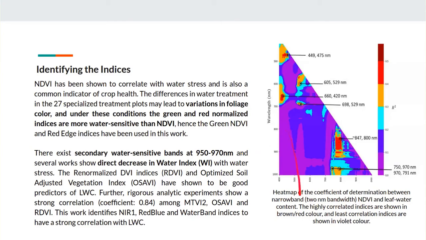Further, we identify these bands based on our heat map of the coefficient of determination. Here we plot the bands and identify the maximally correlated ranges of values, so that we can identify the indices that directly correspond to water stress.